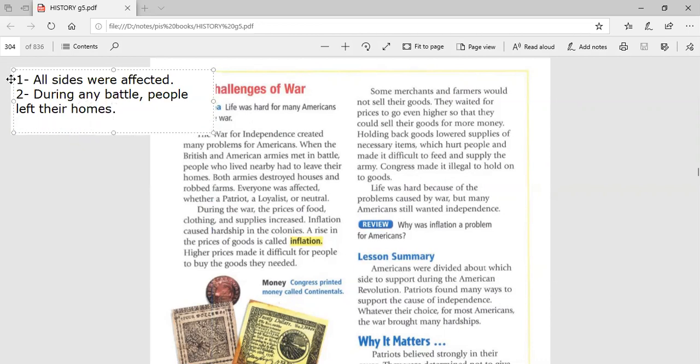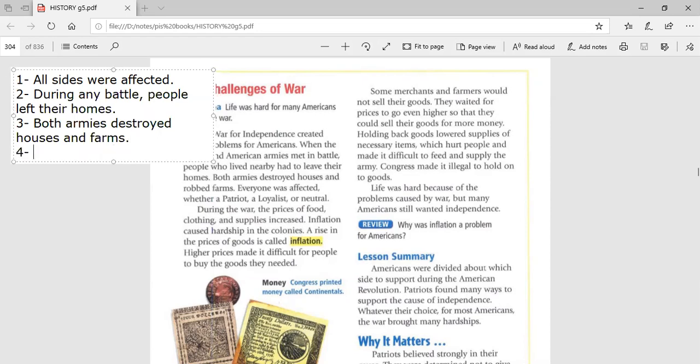What happened to the people in general? Both armies destroyed houses and farms, of course. Both the British Army and the American Army destroyed houses and farms. Okay, what else? Number four.